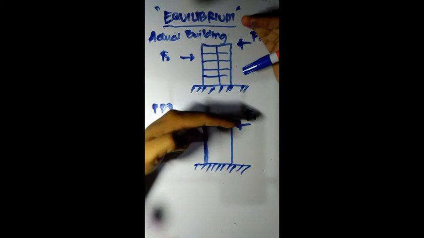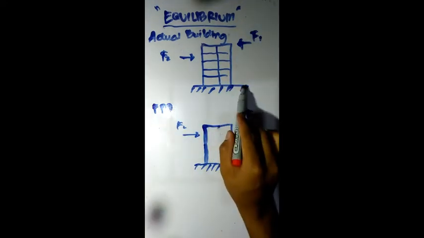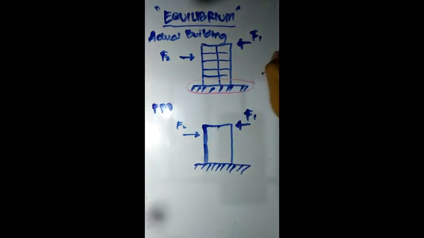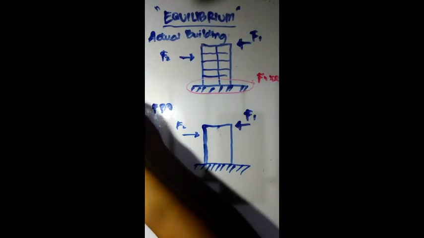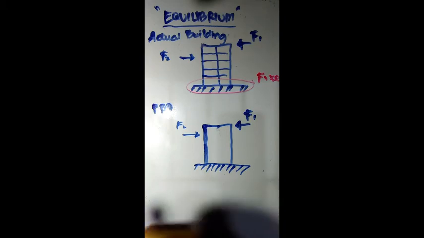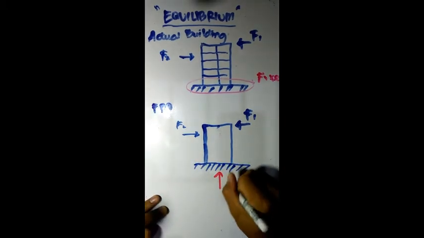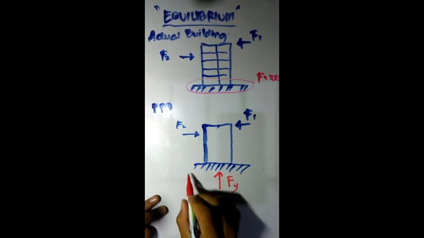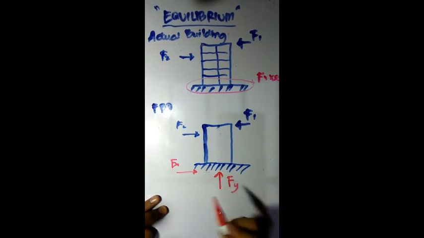Consider this actual building, tapos yung FBD niya. As we all know, itong pagkakatay ng building na ito, this is what we call fixed, okay? So, fixed structure. Sa fixed structure, may magaganap na external forces along X, along Y, at saka external force along X. Okay?